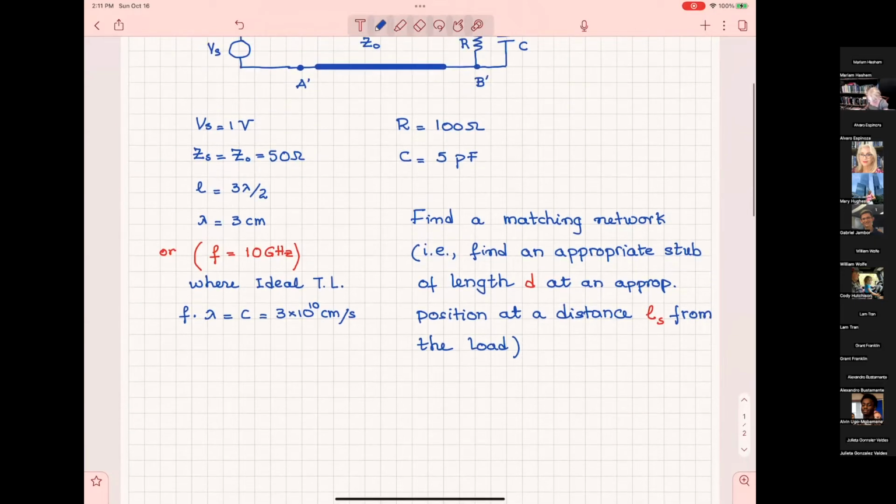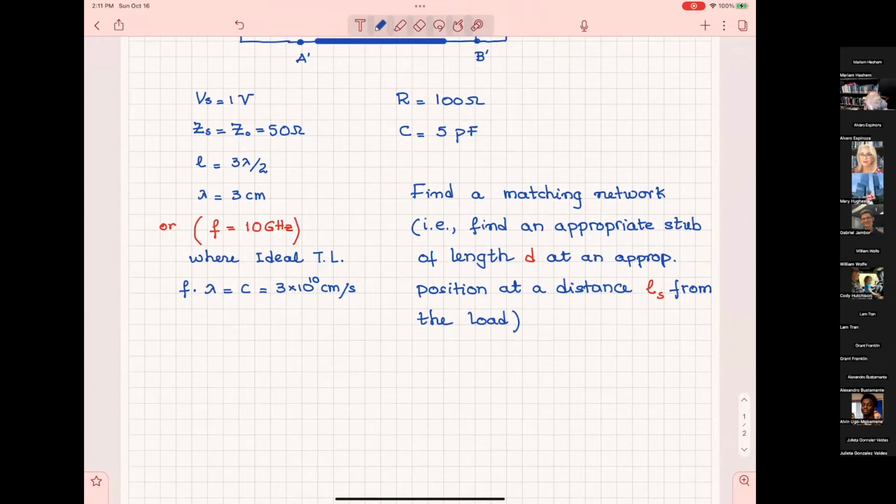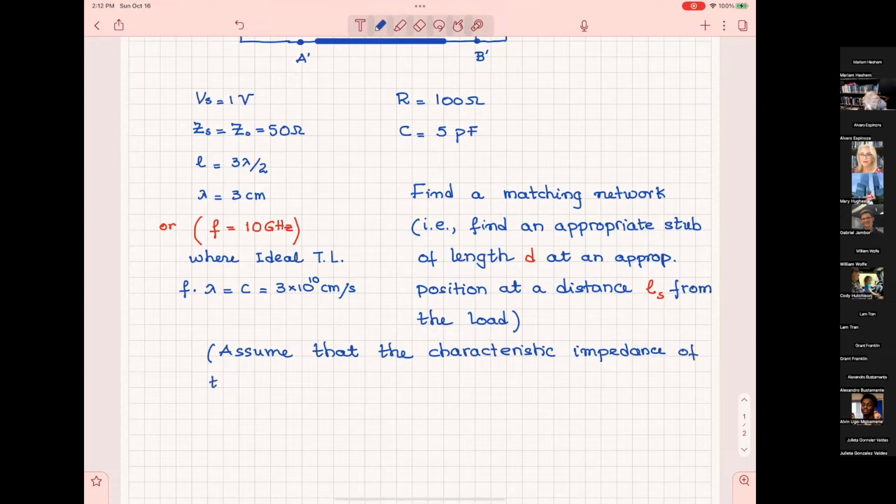Now, in all of these problems, we will assume that the characteristic impedance of the stub is Z naught equal to 50 ohms.